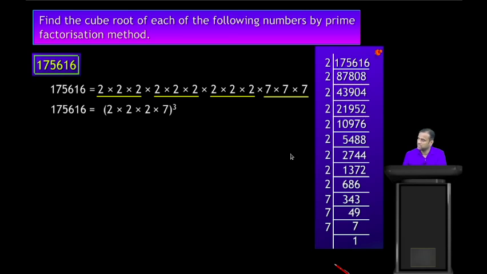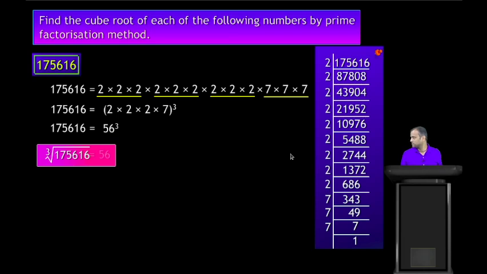So again this is 2 into 2 into 7. Now multiply: 2 2s are 4, 4 2s are 8, and 8 7s are, yes, very good, it is 56. So this is the cube of 56.